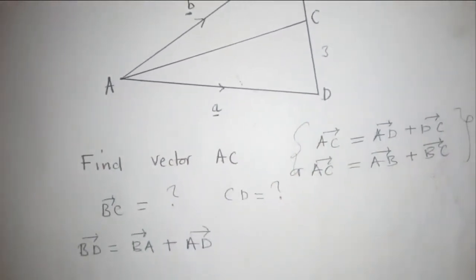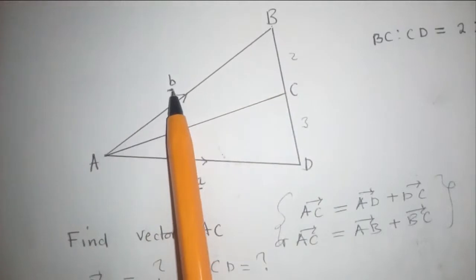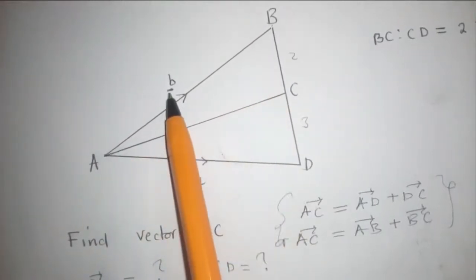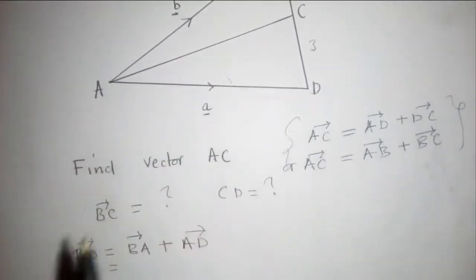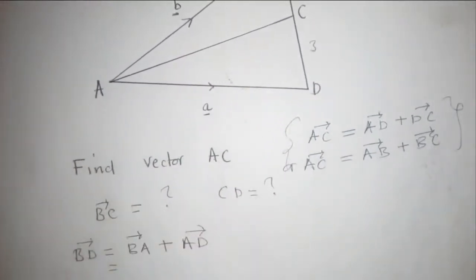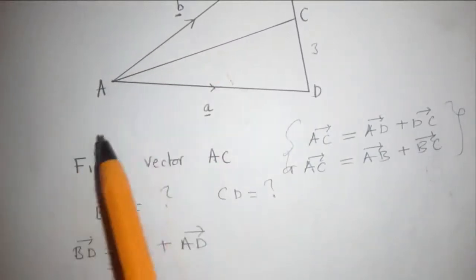So what is our BA? AB is being represented by vector B, so our BA will be the opposite, in that the arrow is pointing the opposite direction.